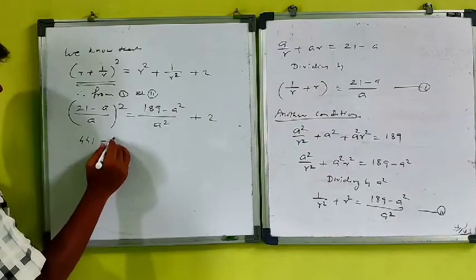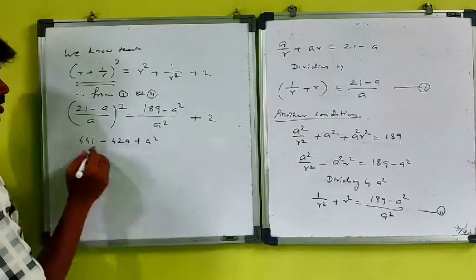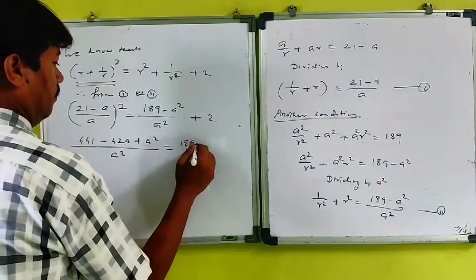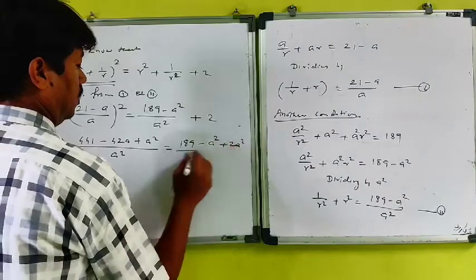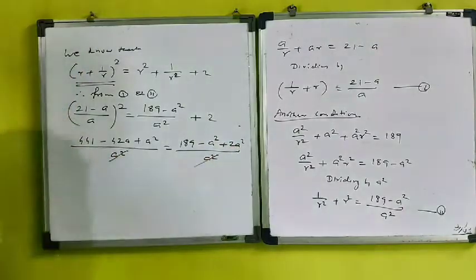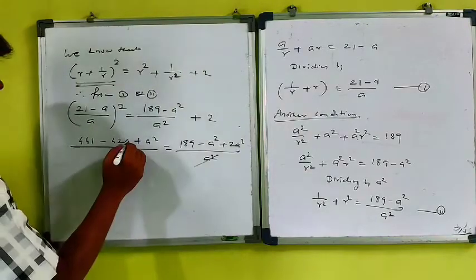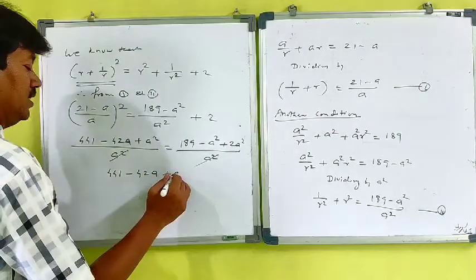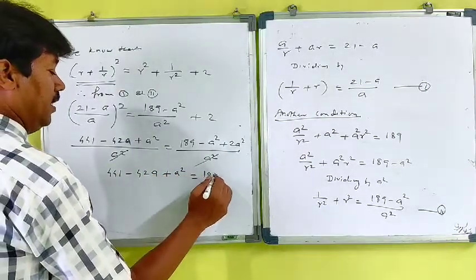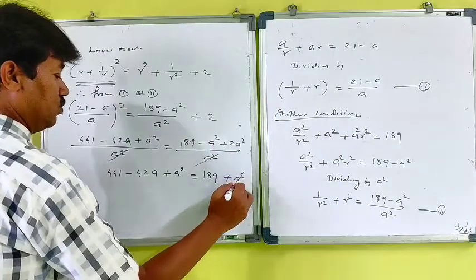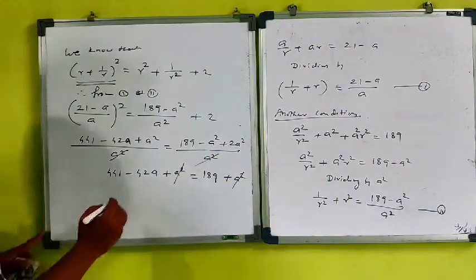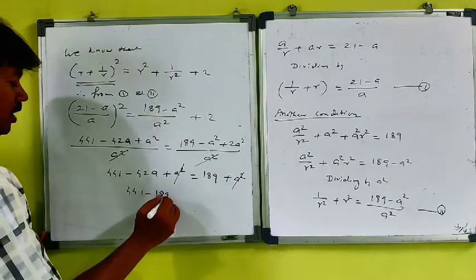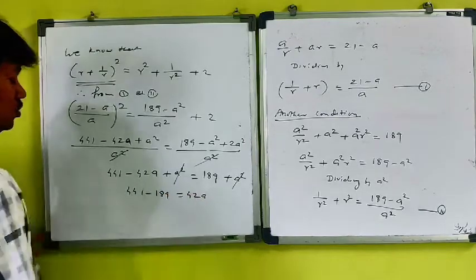This 441 minus 42A plus A square upon A square is equal to 189 minus A square upon A square. So the A square gets cancelled. So it is 441 minus 42A plus A square equals 189 minus A square, so again A square gets cancelled. So it is 441 minus 189 is equal to 42A.